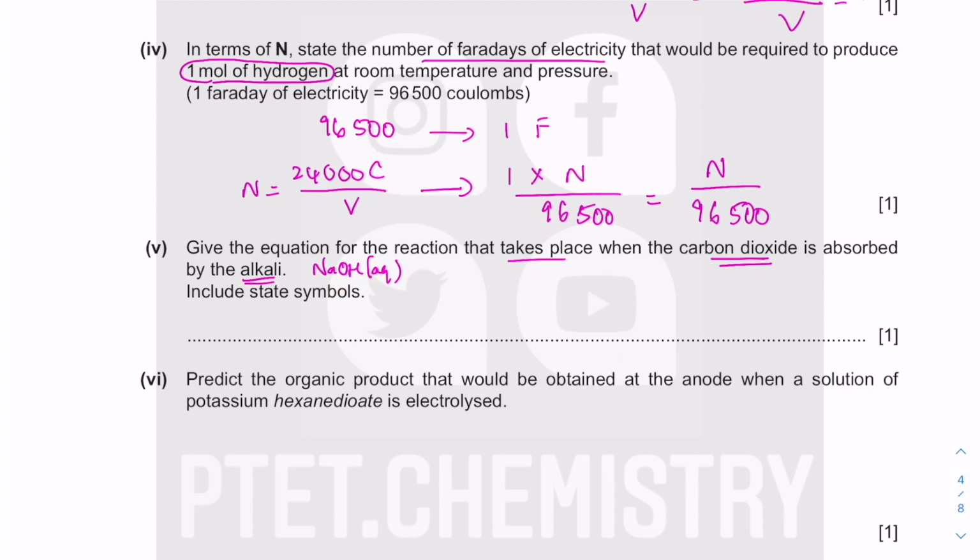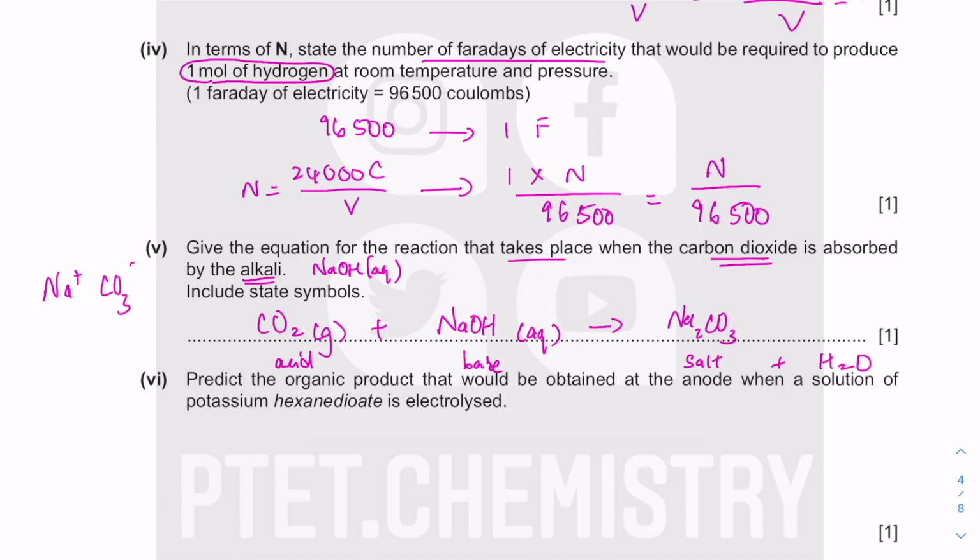It really does not matter, because it's just a matter of following through your own plan, not other people's plan. So this is the acid, this is the base or the alkali, and because this is a neutralization, the salt that you will get will be a carbonate: sodium carbonate, Na plus and CO3 2 minus.